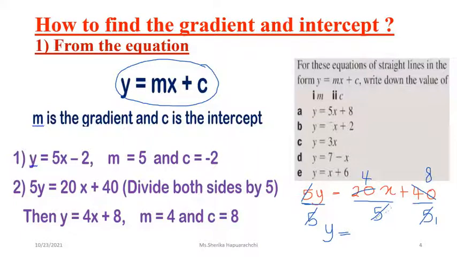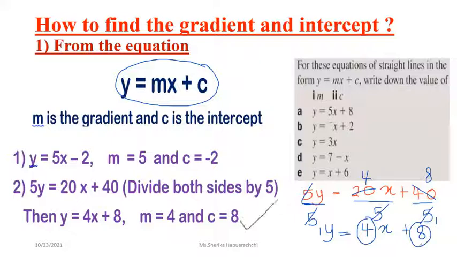So I'll get my new equation as y equals 4x plus 8. Now I can see in front of y, I have 1. Therefore, I can identify my gradient as 4 and the intercept as 8.